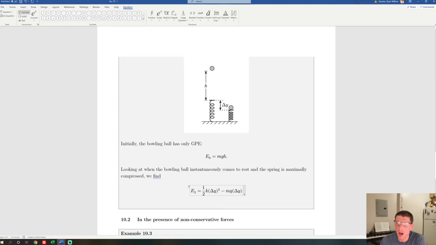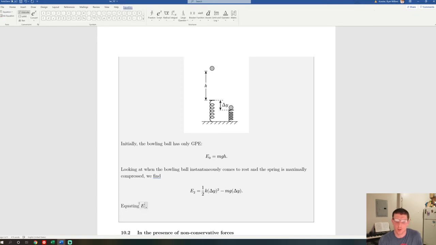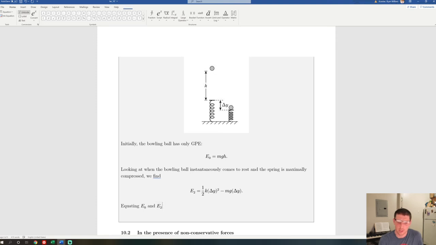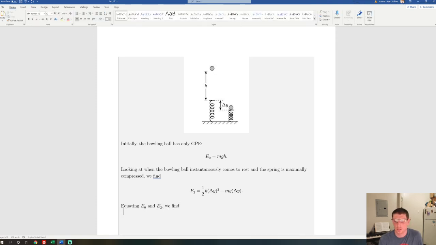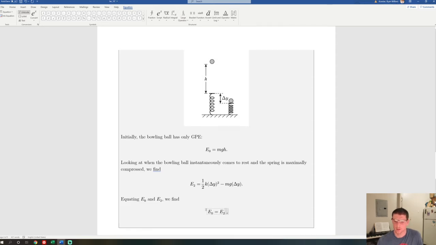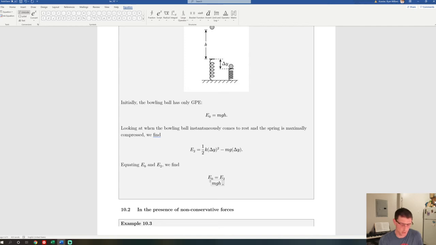So what we find, when we equate the initial mechanical energy and the final mechanical energy, is this. I have mgh equals, and I'm just going to copy and paste this.